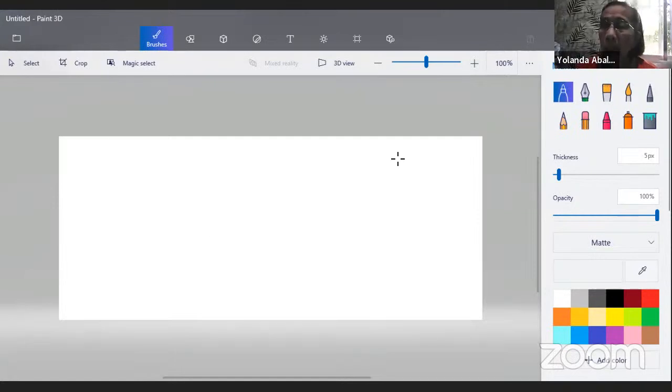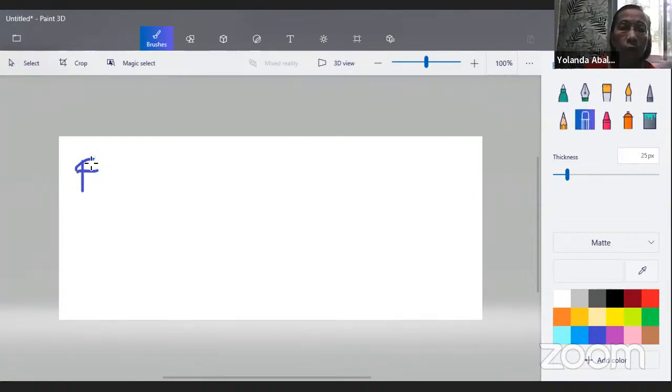So yung ating present verb natin ay comb, which is, susulat natin dito, comb. Alright. Sandali lang, mag-i-erase ako. Comb. Alright.